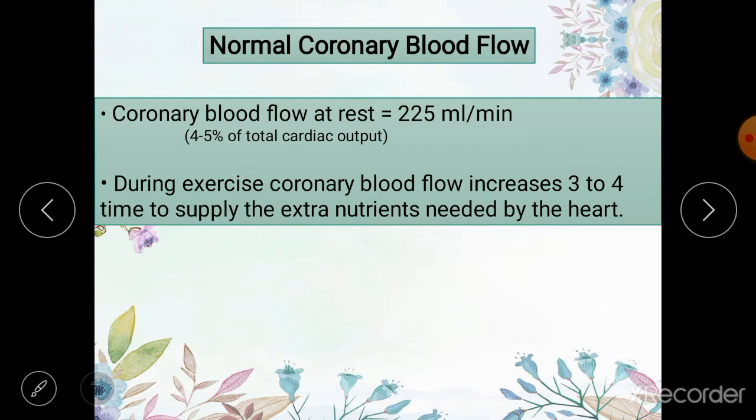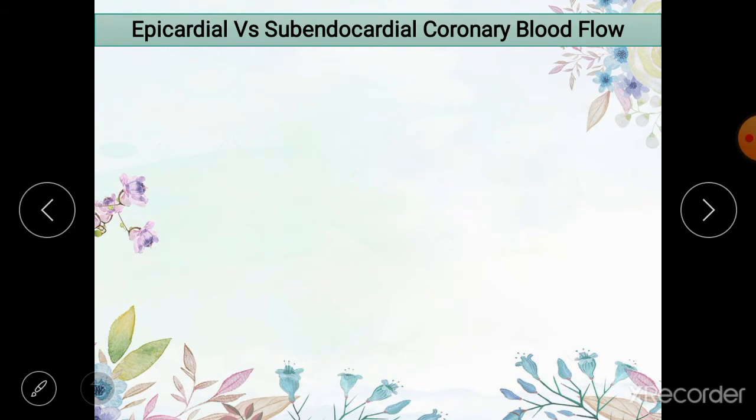The coronary blood flow has to increase to around 3 to 4 times the coronary blood flow at rest. Your heart has the ability to do this, so during exercise your coronary blood flow increases 3 to 4 times.